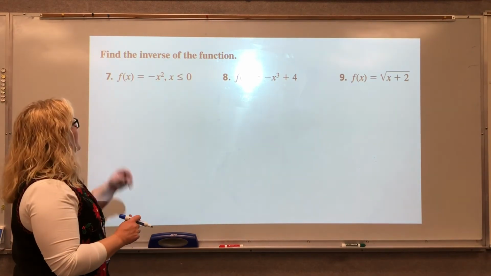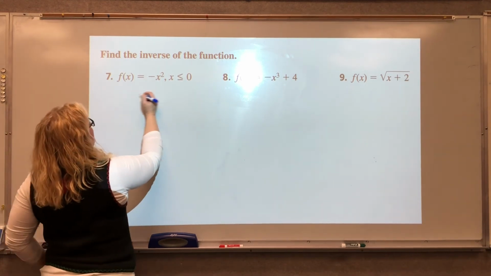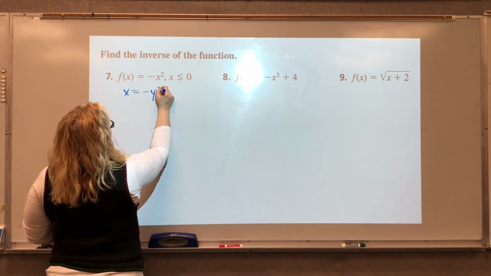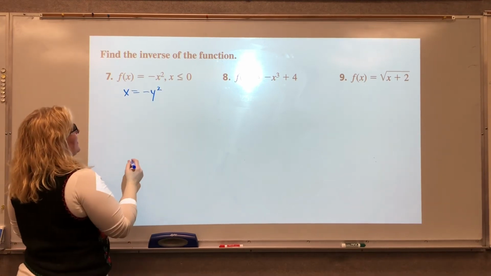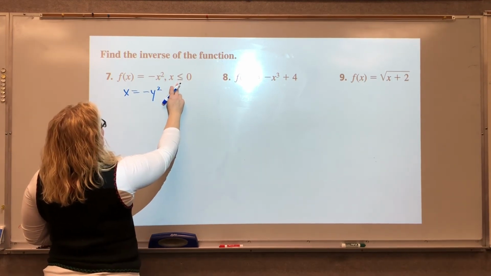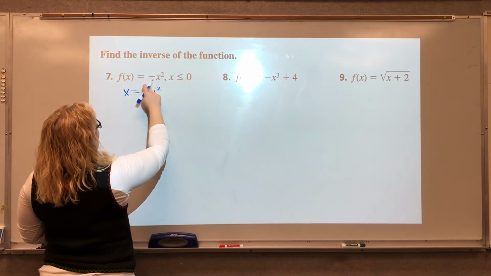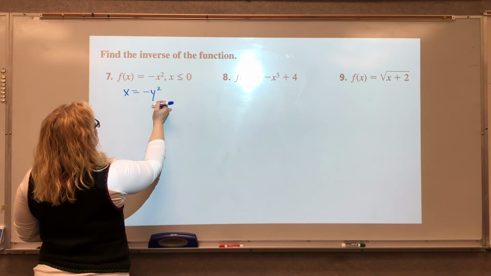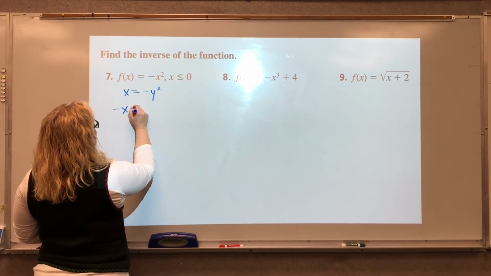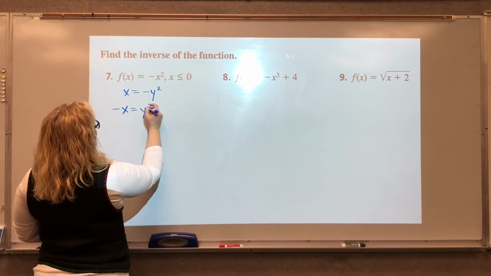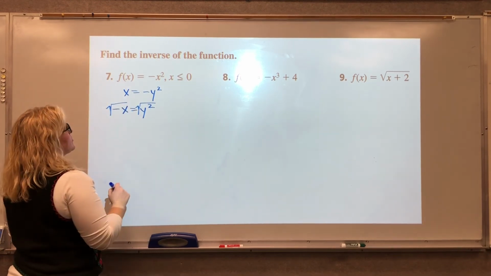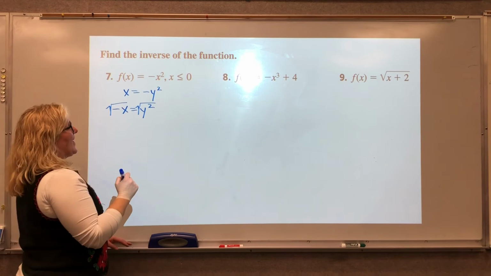All right, so finding the inverse, we're just flip-flopping, right? So we have x equals negative y squared. And x is less than or equal to 0. We're going to multiply both sides by a negative. So I have y squared equals negative x. And now I take the square root of both.